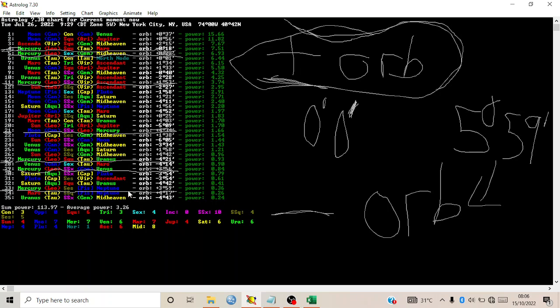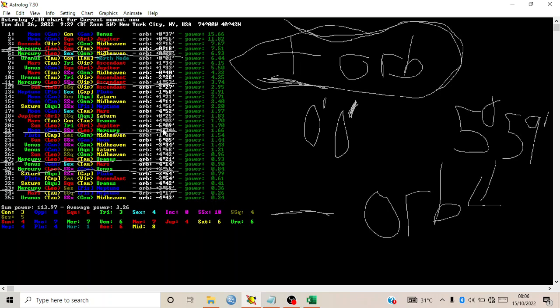And then the last one, the 33rd, Mercury sesquiquadrate or 135 degree Neptune, is going to be cancelled as well, because it's positive and it's 3 degrees 59 minutes. So what we're going to do is keep the ones that are remaining, which are negative.